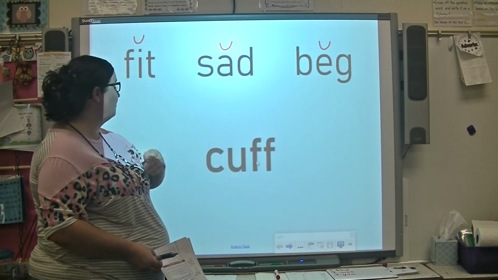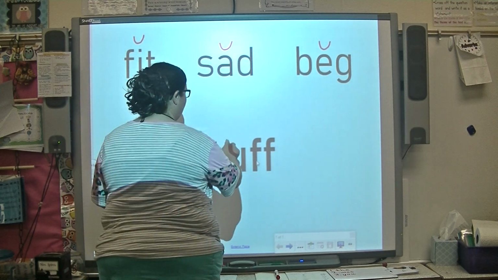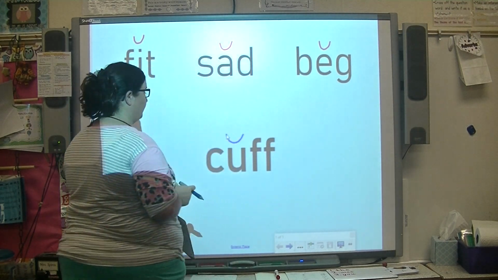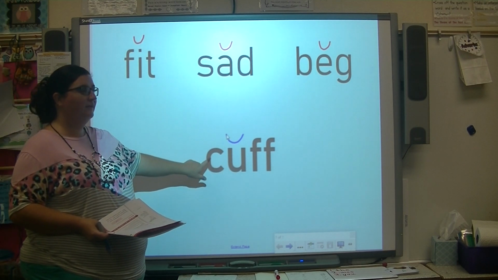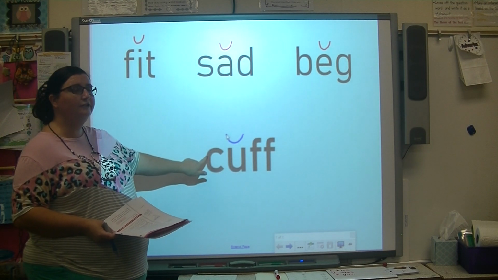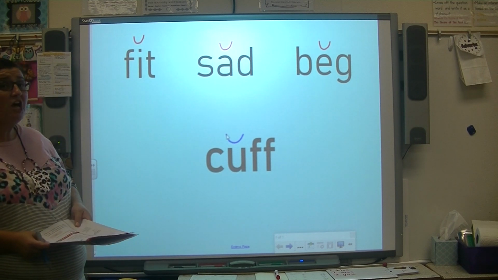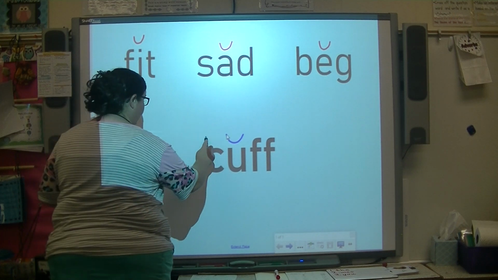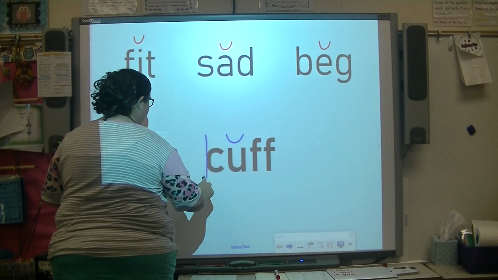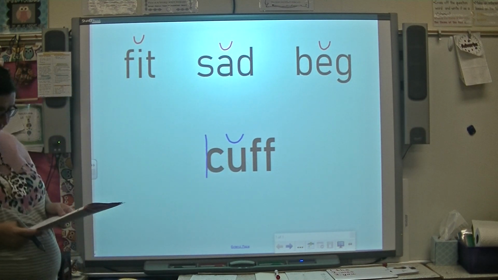So this vowel is short. I'm going to code it with a breve. All right, now look at this C. If this C makes the K sound, I have to code it to make it look like a K. I have to put the K back on it. I'm going to code it with my K back.